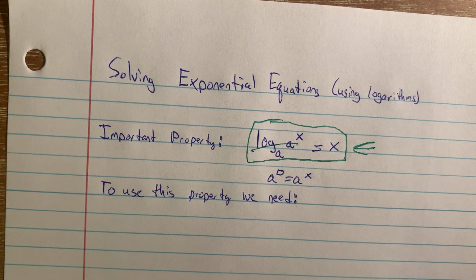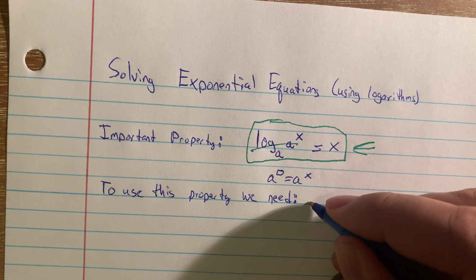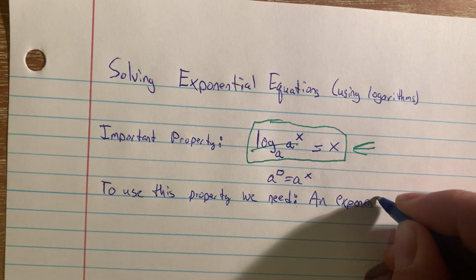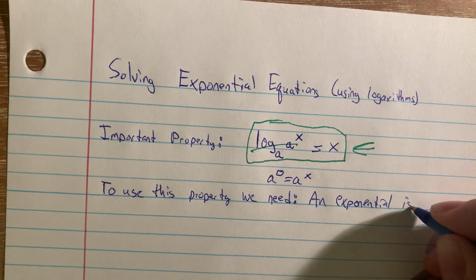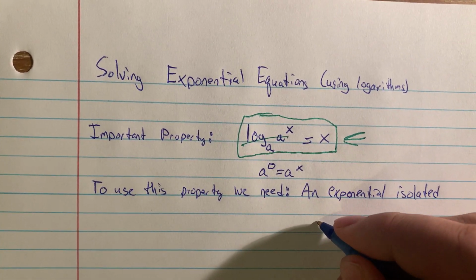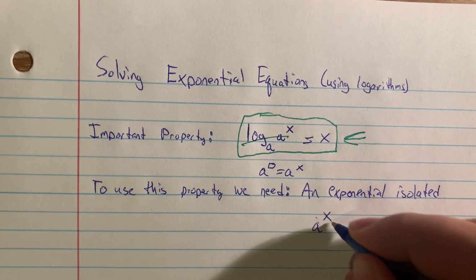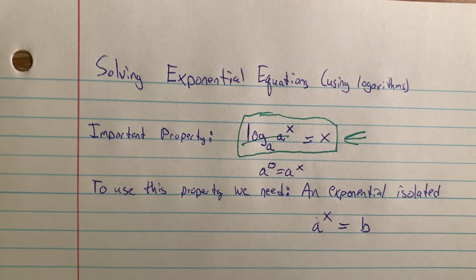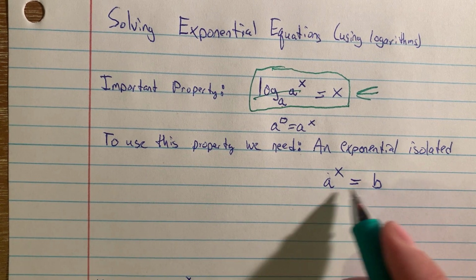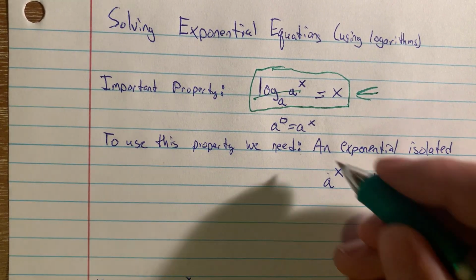To be able to use it, we need an exponential isolated, which means by itself. The way this looks is if you have something like a to the x equals b, then we're going to be able to solve it. And the way we're going to do it is we're going to do the same thing to both sides of the equation.